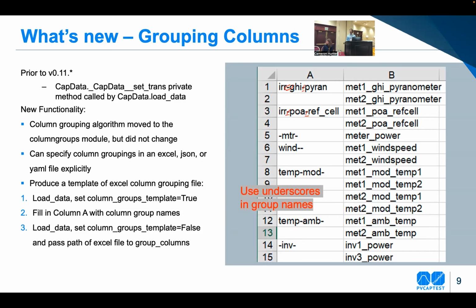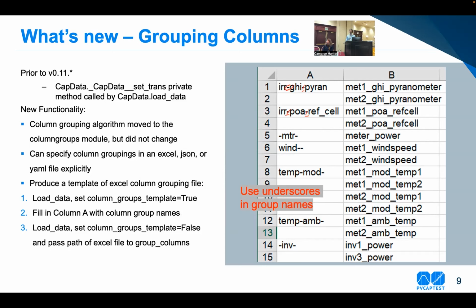And that's all done based on having a grouping of the different columns of your data so it knows what's what. Previously, that was sort of hidden in the back of the package, and the algorithm that will group it has not changed, and there's so many different naming conventions for data that you don't always get what you want.